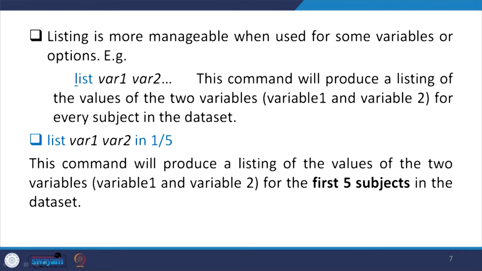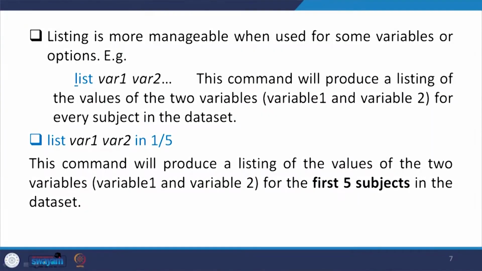So if clarity is required from particularly the first 5 observations, or maybe the last 5 observations, or some portion of the observations, we have a separate command. This command enables you to check a listing of the values of 2 variables, variable 1 and variable 2, for the first 5 subjects in the data set with the command in 1/5: list variable in 1/5.